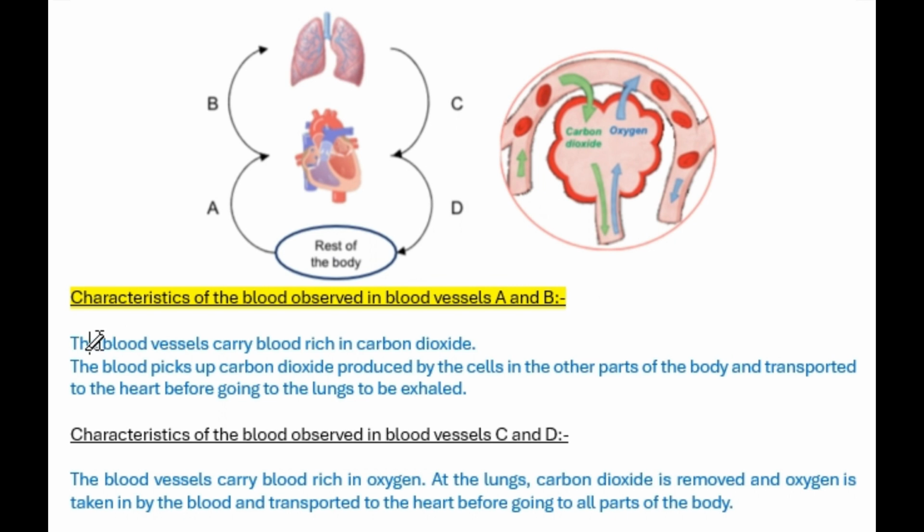The blood picks up carbon dioxide produced by the cells in the other parts of the body and transports it to the heart before going to the lungs to be exhaled.